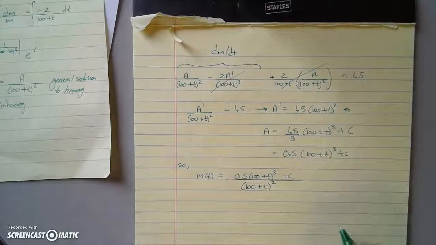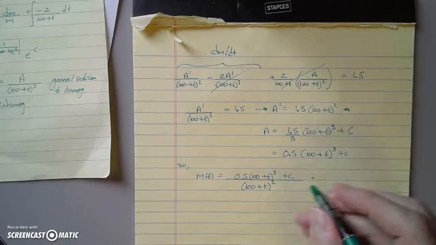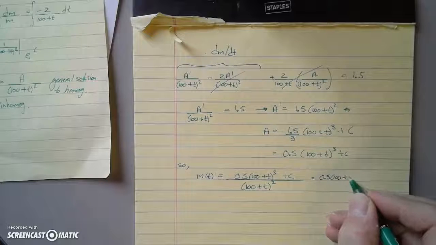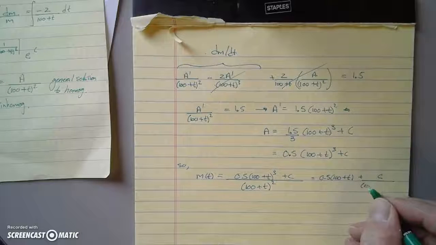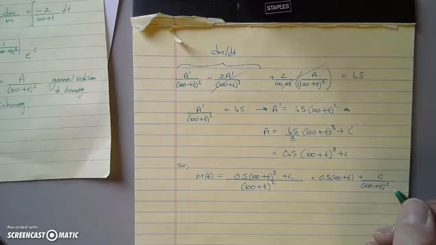Notice there are no exponentials this time. That's curious, right? And we can clean this up a little bit. This is 0.5 (100 + t) plus c over (100 + t)^2. This is going to be nice for limits later, actually.